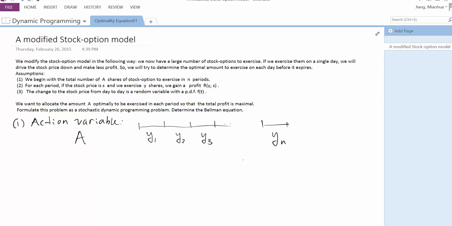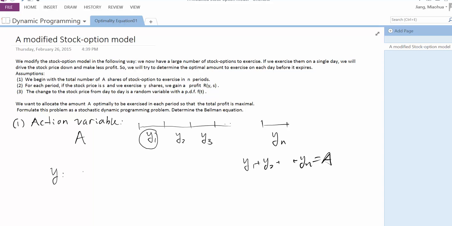The sum of these allocations should be the total A. Now, because we are using dynamic programming, we really only look at one day's action. So this is our action variable. We don't even need 1 or 2 or 3 or 4. We just say the action variable over here is y.